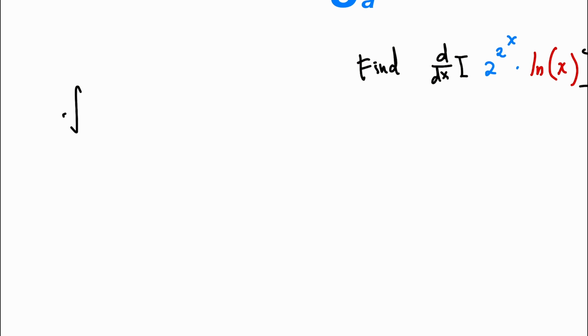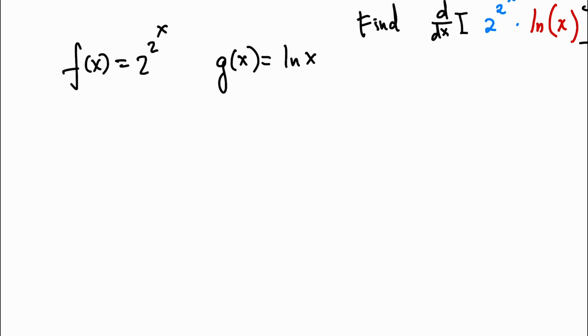So let's define one function to be 2 to the 2 to the x, and the other function to be ln of x. Then the derivative of this second function would be just 1 over x.